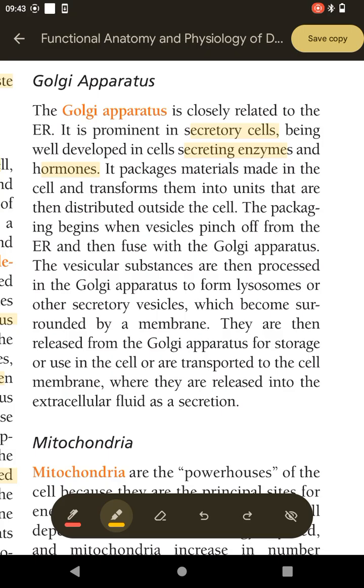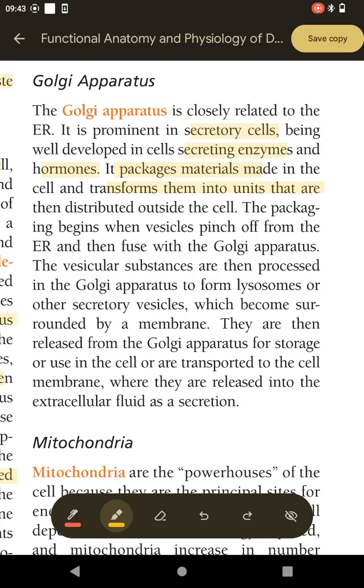It packages material made in the cell and transforms them into units that are then distributed outside the cell.